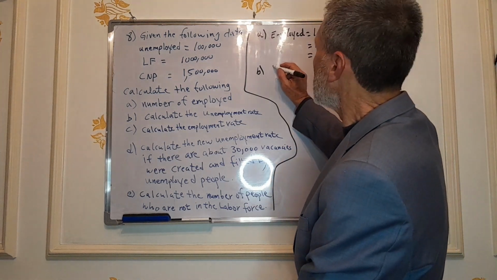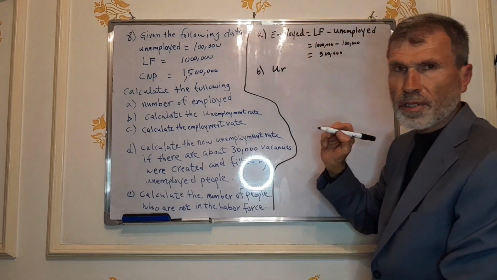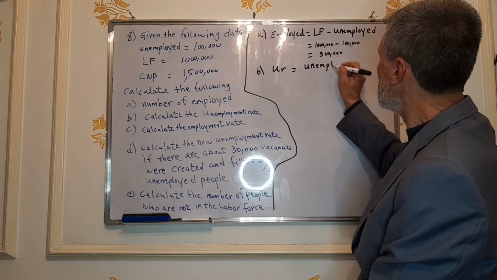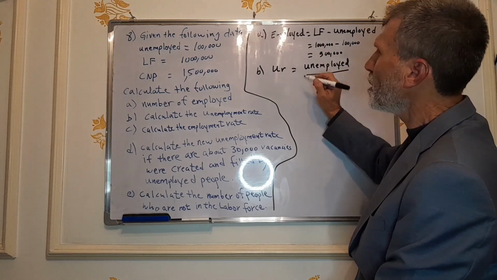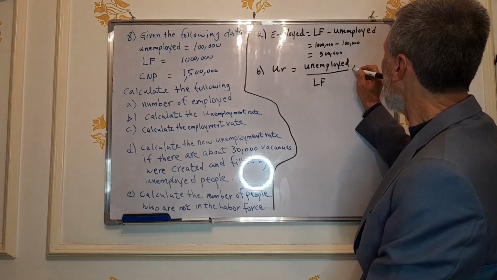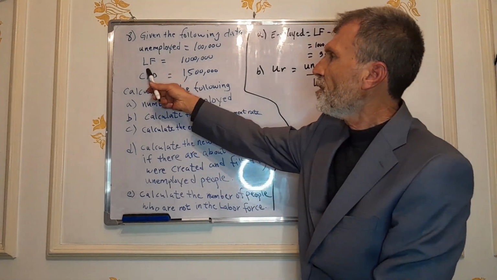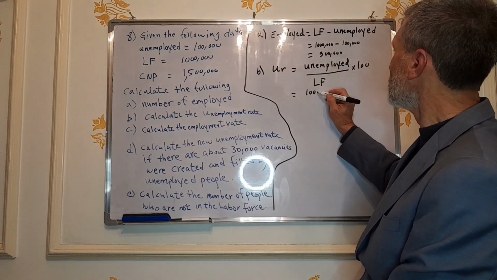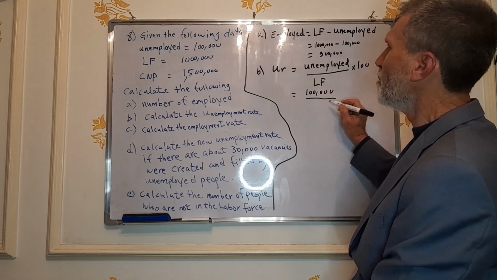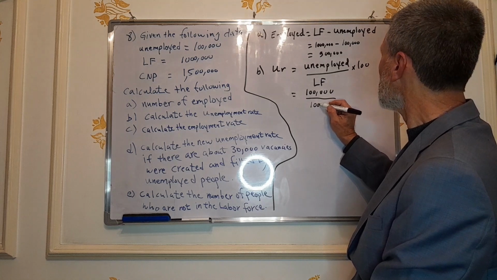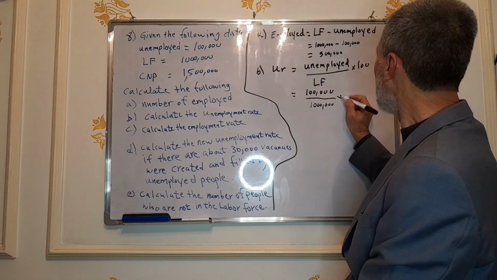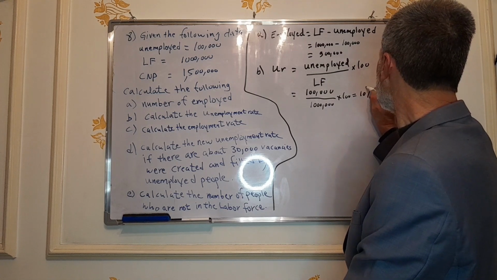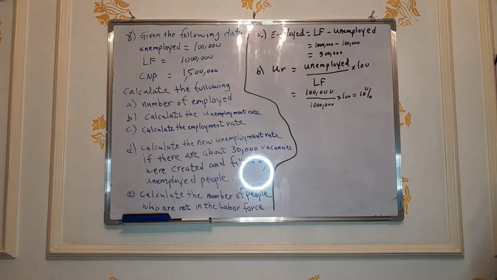The unemployment rate is equal to unemployed over labor force, LF, times 100, which is unemployed 100,000 over labor force 1 million times 100, and we get 10%. So the unemployment rate is 10%.